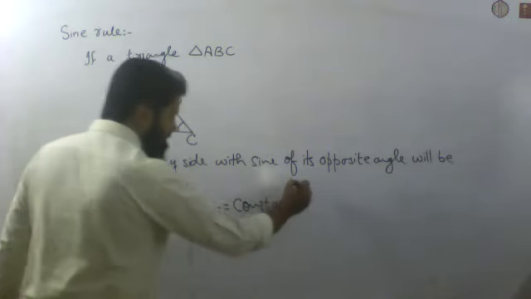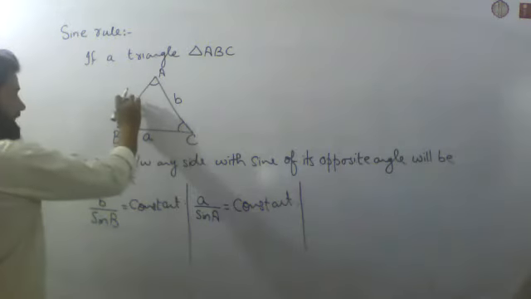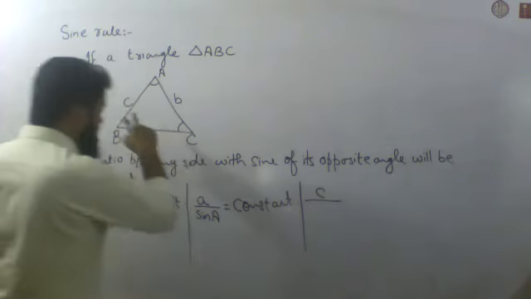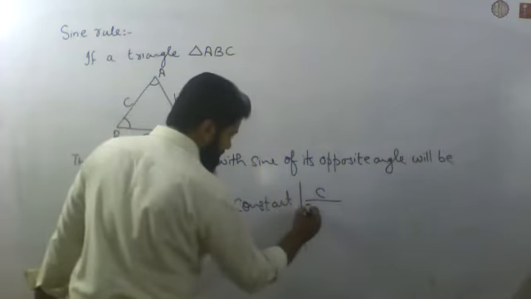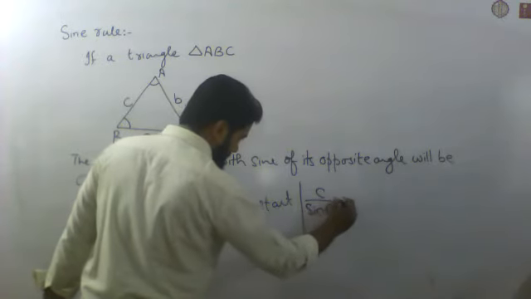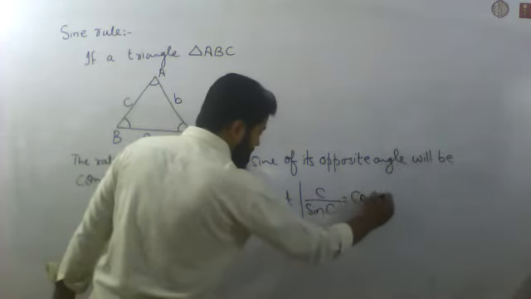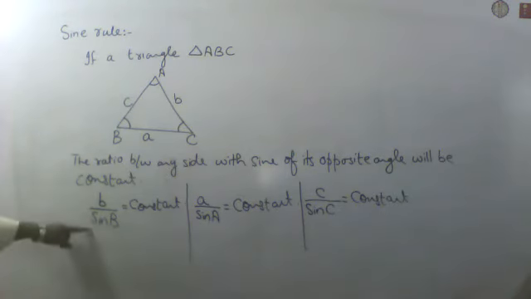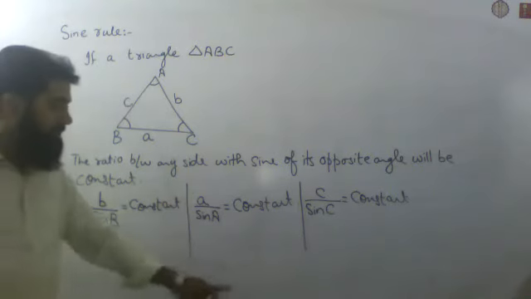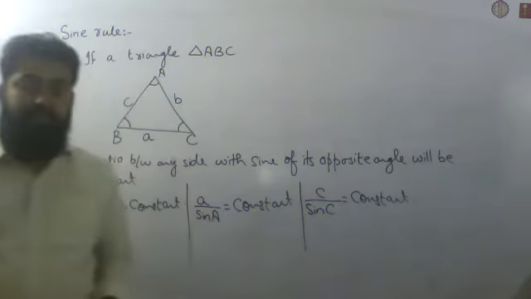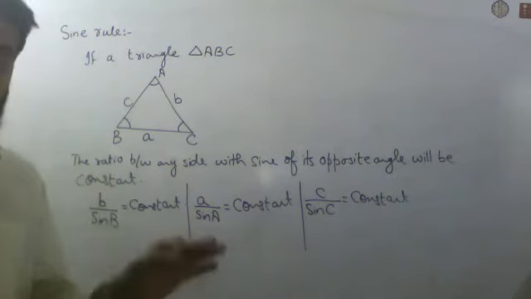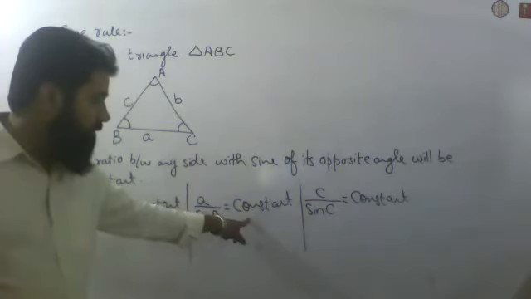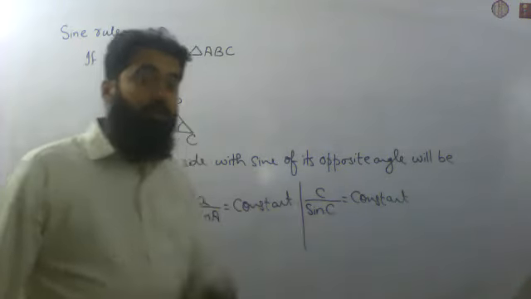In the same way, side C, ratio with opposite angle sine C, will also be equal to a constant. It means B upon sine B, A upon sine A, and C upon sine C all will be equal to a constant.